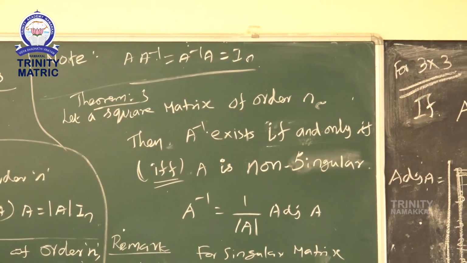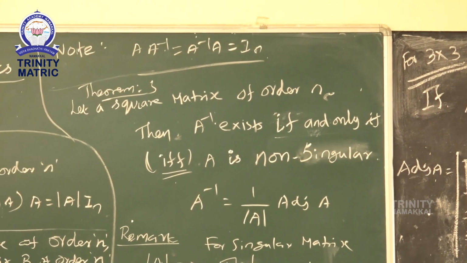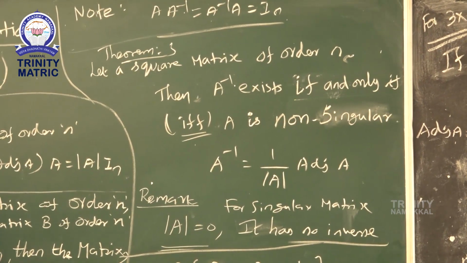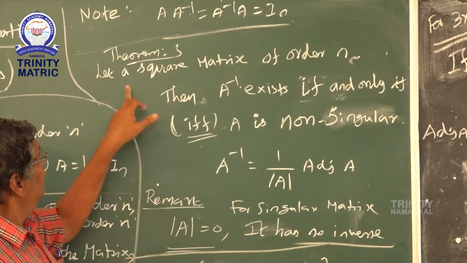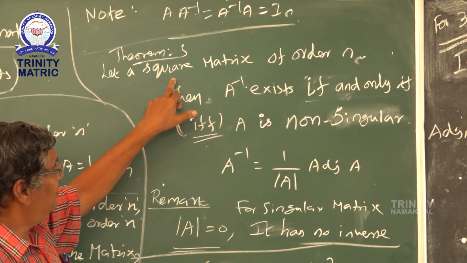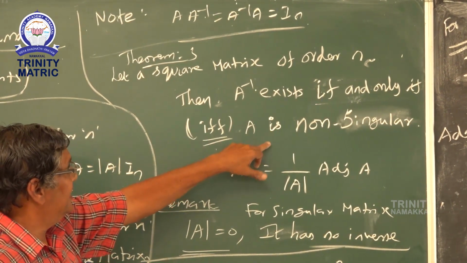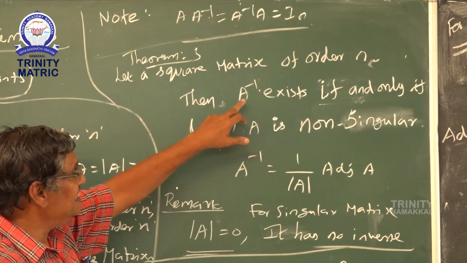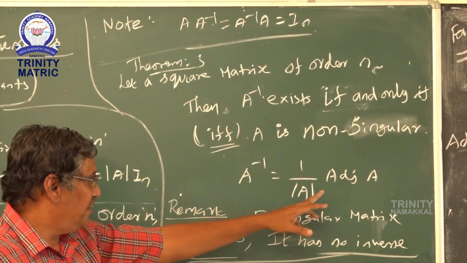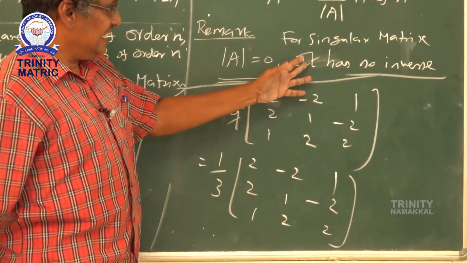Next one is theorem 3. For any non-singular matrix only we can find A inverse. If A is a square matrix of order n, then A inverse exists if it is a non-singular matrix. Then A inverse is defined as 1 by determinant of A into adjoint A. If the matrix is a singular matrix, then it has no inverse.